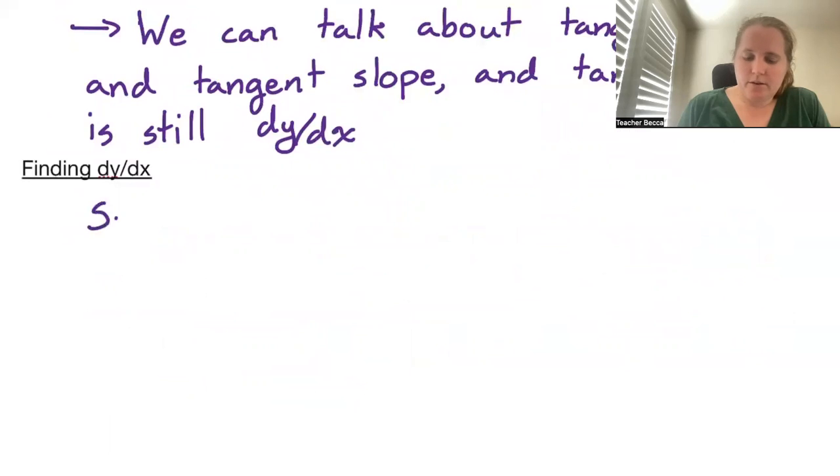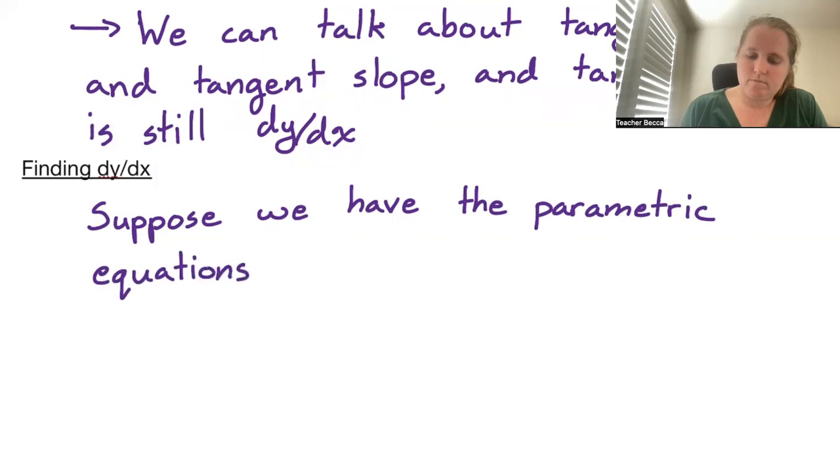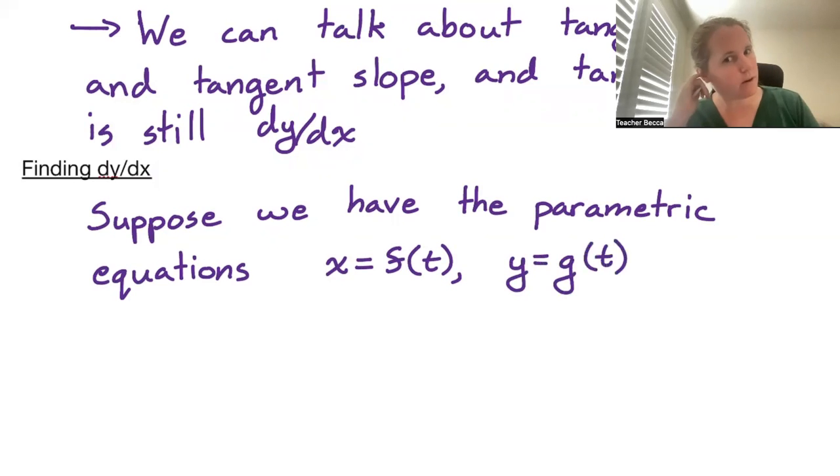So suppose we have the parametric equations x equals f of t and y equals g of t. To find dy dx, what we want to do is we use a chain rule.